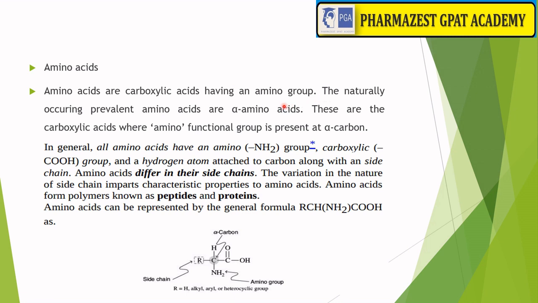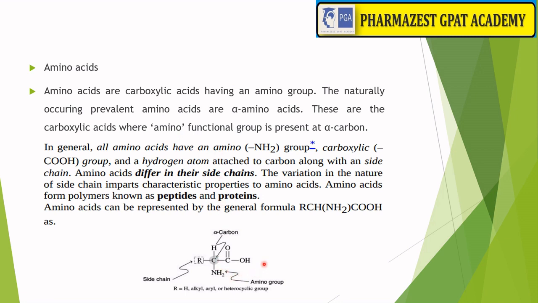The naturally occurring prevalent amino acids are alpha amino acids. These are the carboxylic acids where the amino functional group is present at the alpha carbon.